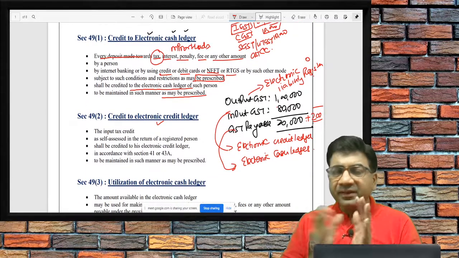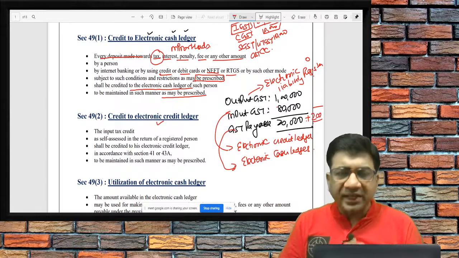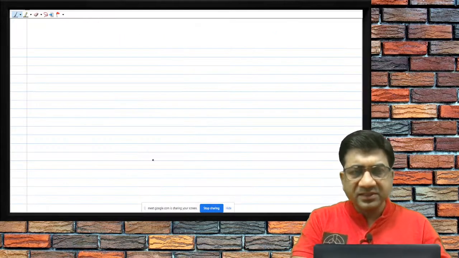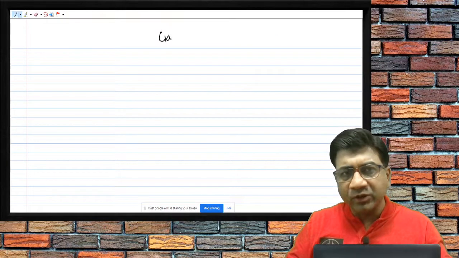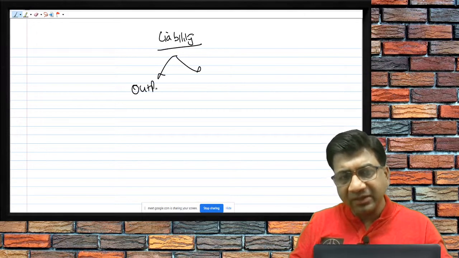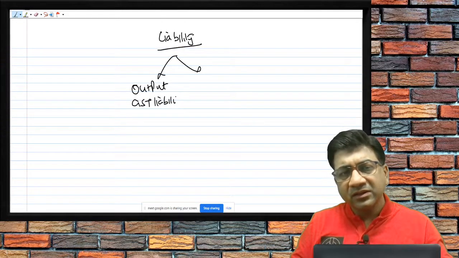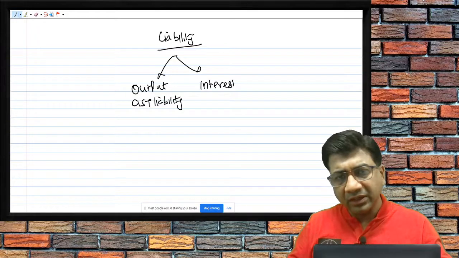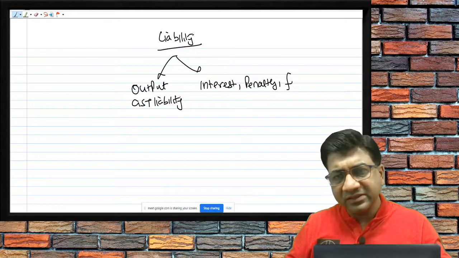Similarly, if you have an output tax liability, liability is divided in two parts. Is it an output GST liability? Or is it a liability of interest, penalty, fees or other amount?